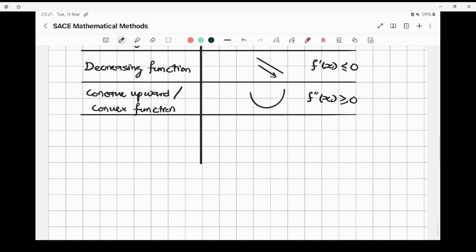So you also have concave downward, or concave function. The shape of the graph will look like this. This is given by your f double prime of x smaller or equal to 0.